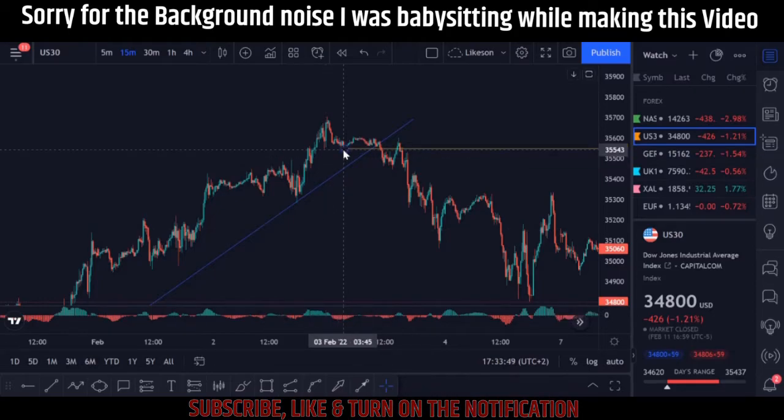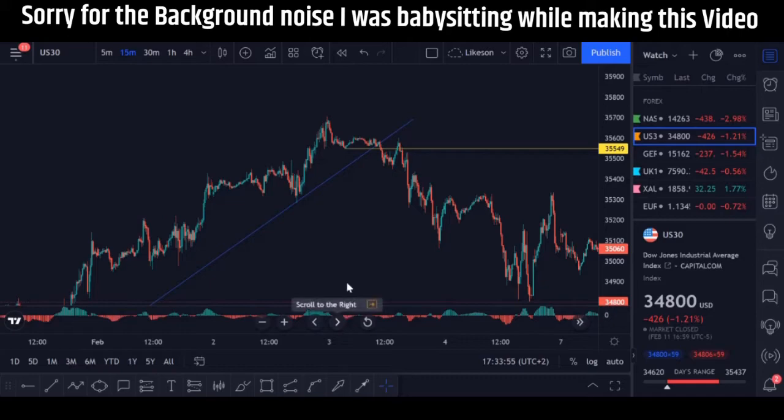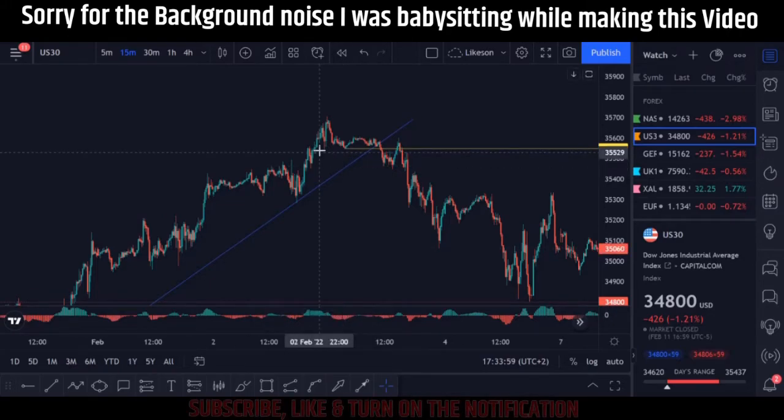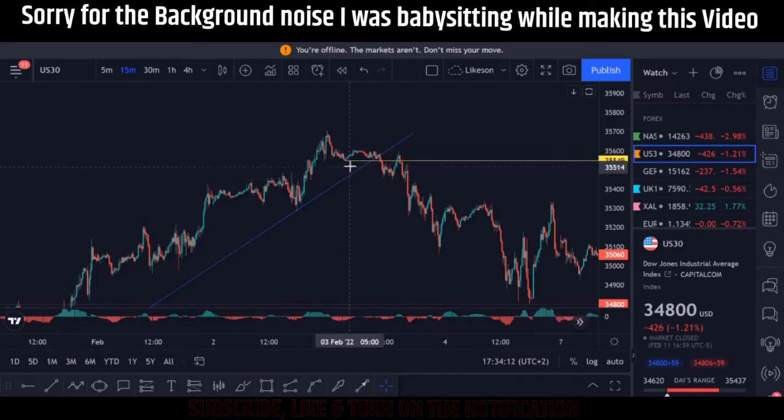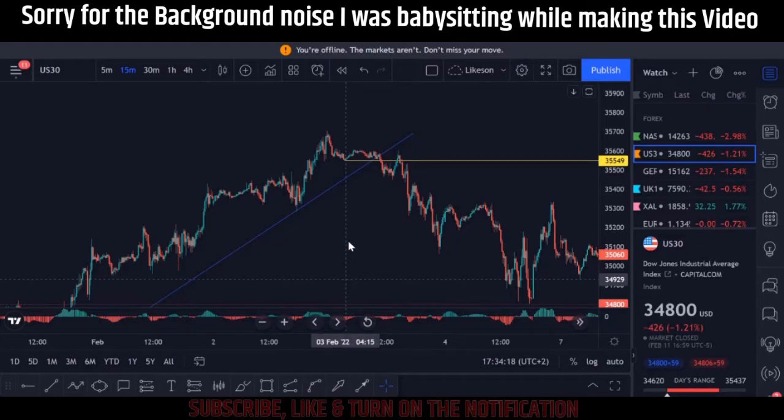But if this was like that, and here it was in green, it was not going to be a valid high low. For example, this one here is not a valid high low. If it's green here on the MACD, it's not valid. It has to show red here for it to be a valid high low.